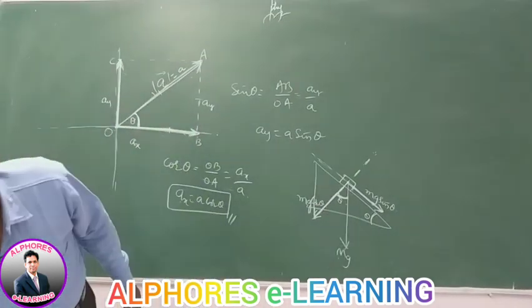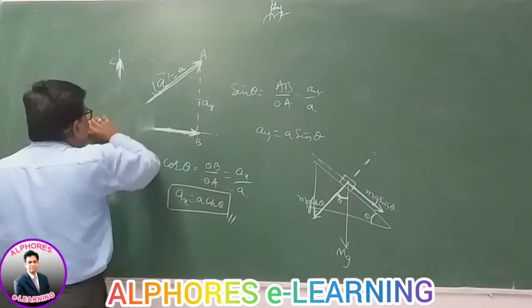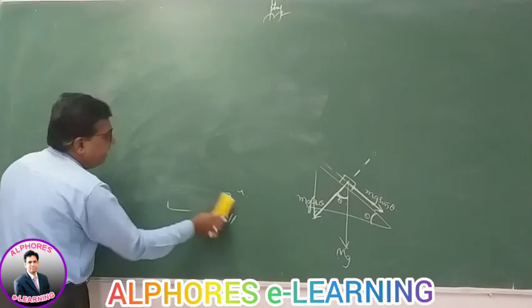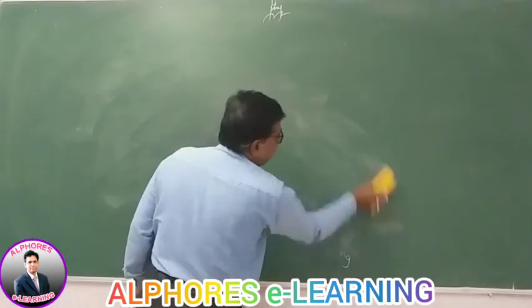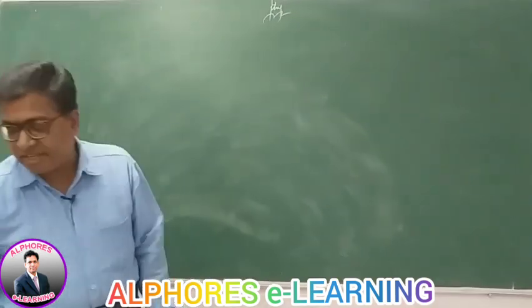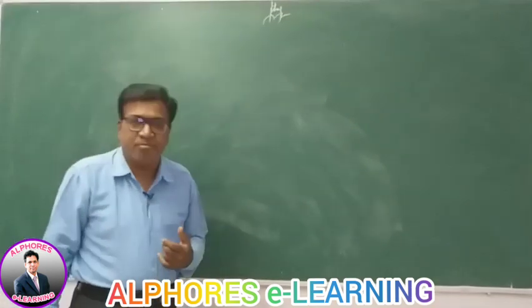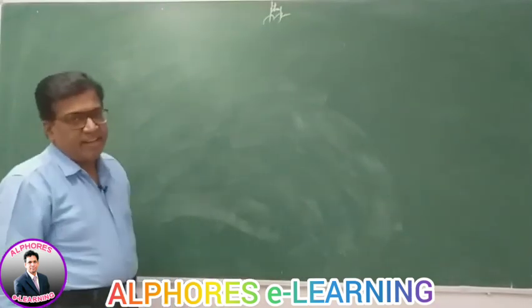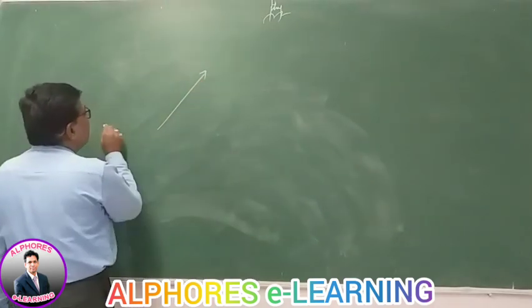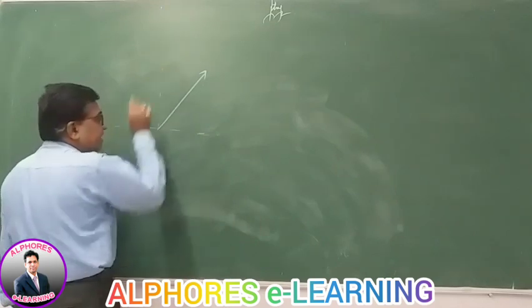This way, you can split a vector in a plane into two rectangular components in any direction. You can split a vector into infinite components; there are infinite components for a vector. If this is horizontal and vertical, I split into horizontal and vertical like this.